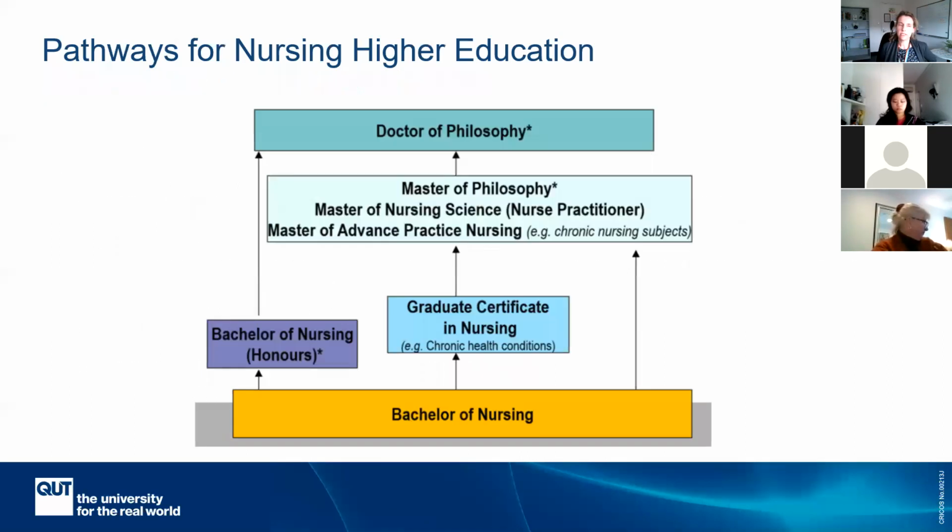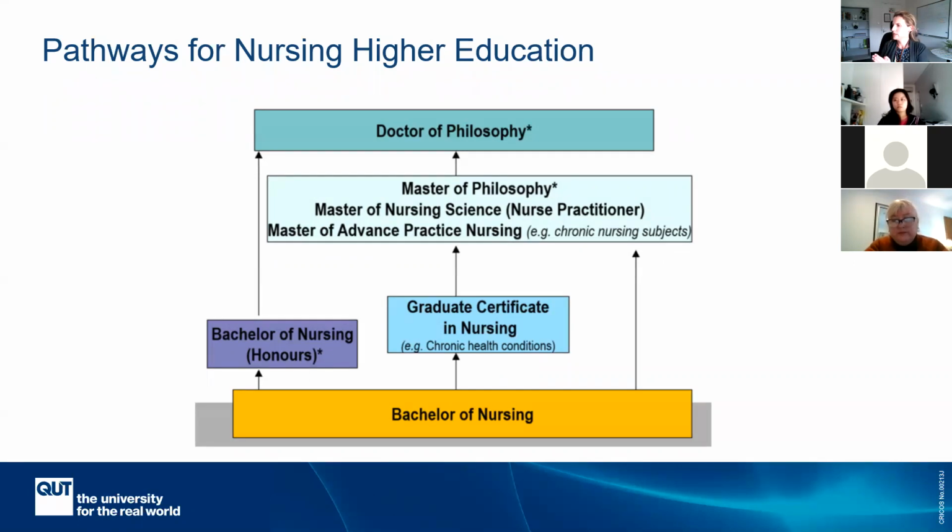So just super briefly, before we get into what we're actually going to talk about today, this slide is about pathways for nursing education. This particularly relates to QUT. So there may be people who are particularly interested in sort of advancing their nursing in terms of either practice or research.